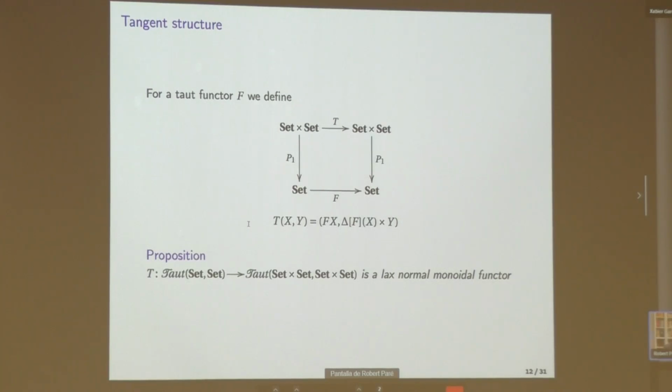Now we can extend any Tot f to the tangent space, and by this formula here, T of x y is f of x, and delta f of x cross y. You notice that it's linear in the y here, and what you get then is actually a lax normal monoidal functor. Tot Set is a monoidal category under composition, as well as for Set cross Set, and so you get the monoidal functor. So for example, Tot monads on Set would go to Tot monads on Set cross Set.